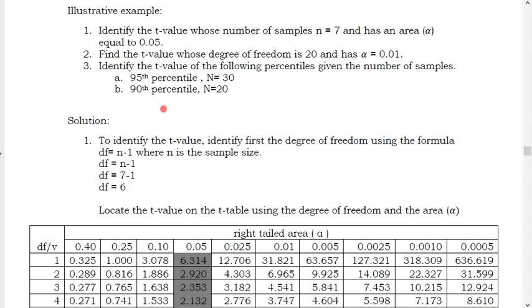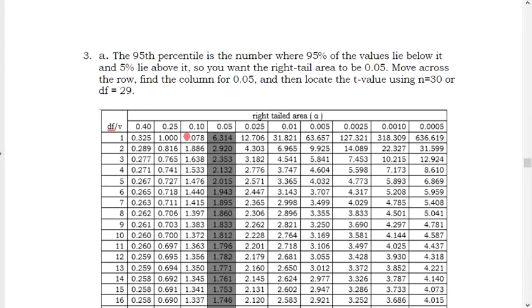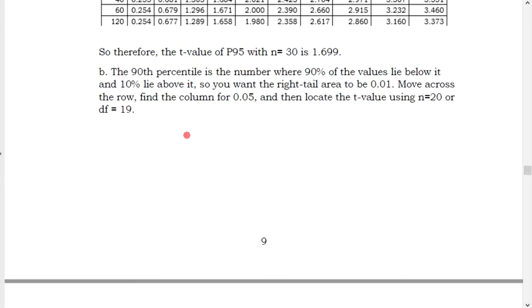Number 3, letter B, we have the 90th percentile and n is equal to 20. So, n is equal to 20, degrees of freedom is 19. For the 90th percentile, out of 100, we have a 10% significant level, or 0.1. The 90th percentile is the number where 90% of values lie below it and 10% above.